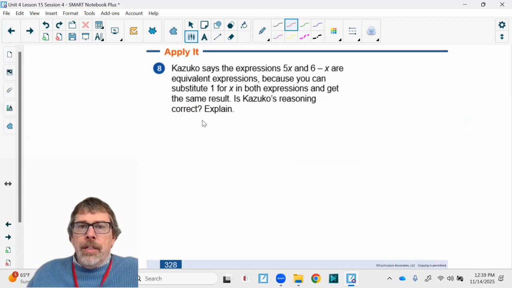Is Kazuko's reasoning correct? So what he's saying is 5x equals 6 minus x. Because if you plug a 1 in for x here and a 1 in for x here, you get 5 times 1 here, and you get 6 minus 1 here, and that's 5, and that's 5. Okay? They're equivalent expressions if x is 1. But a variable, the word vary means to change.